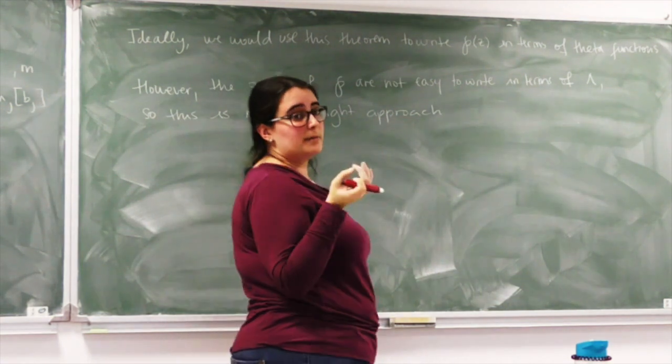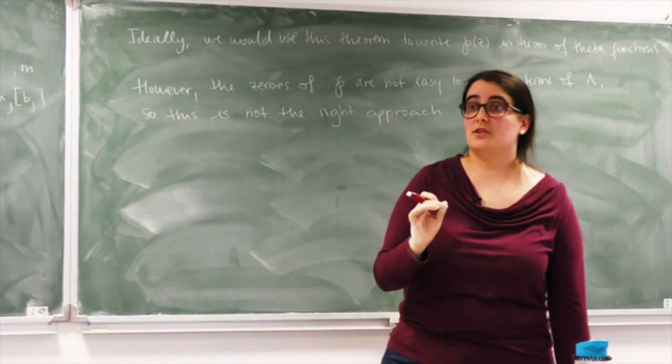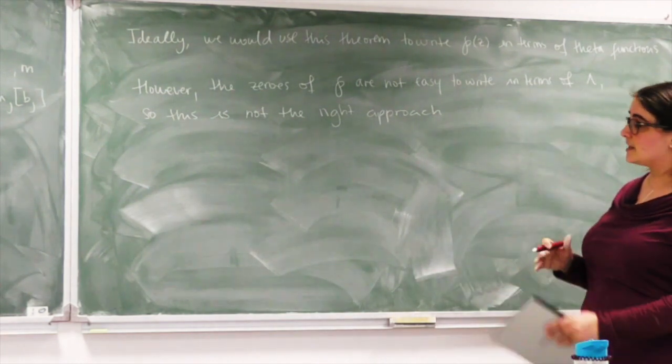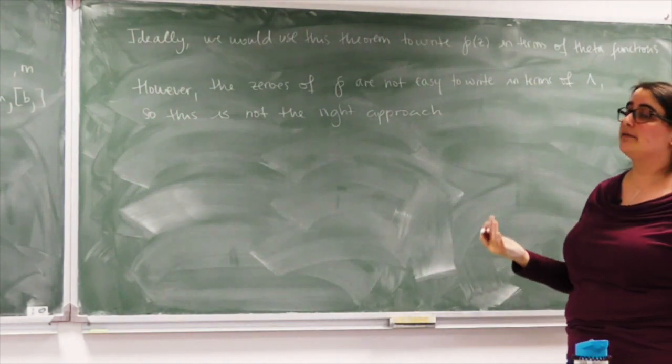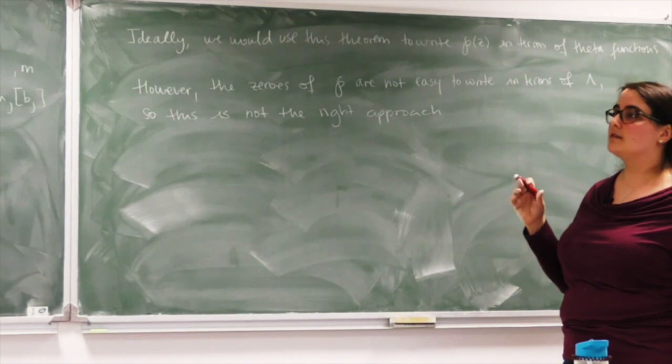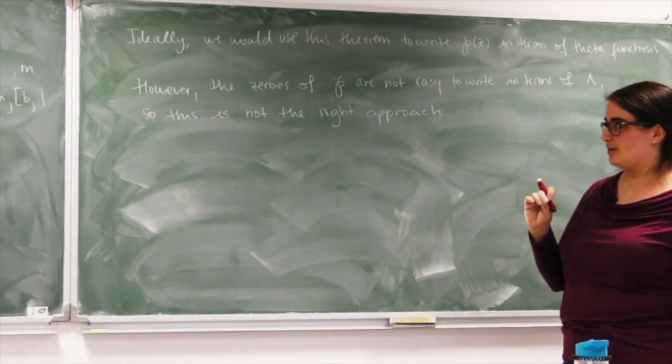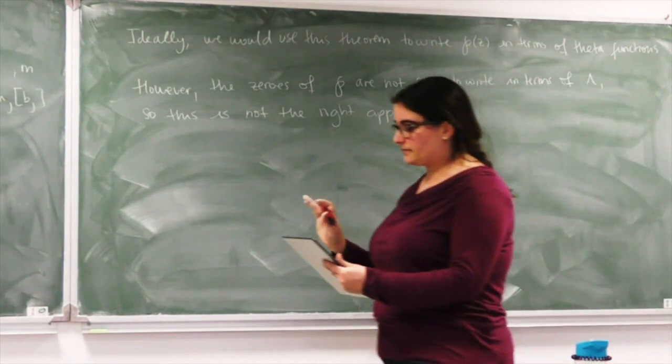The trick then will be to find the right function to try to express in terms of this. And it has to do with something that we have already defined before, which is choosing the right representation of the elliptic curve. So let me explain.